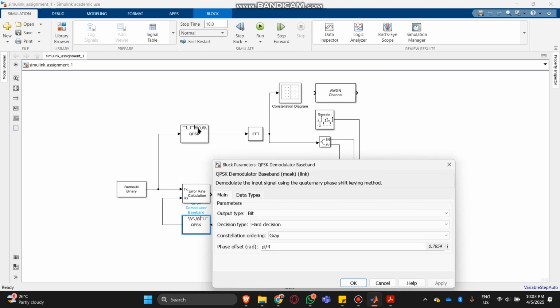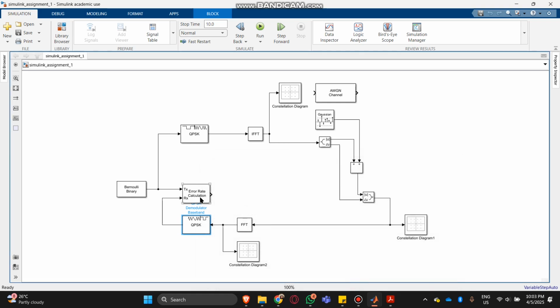Same goes with the QPSK at the bottom. Output type bit, decision type hard decision, constellation ordering gray, phase offset pi over 4.